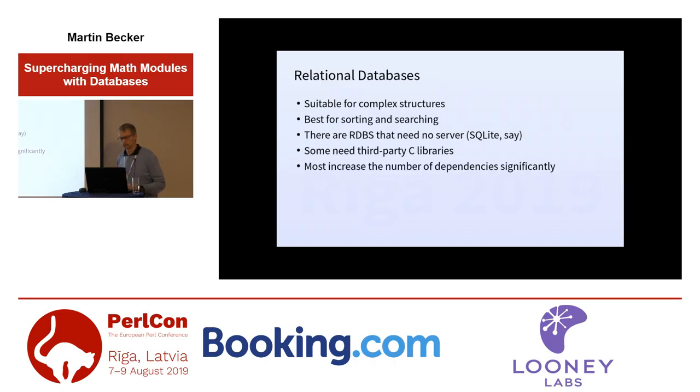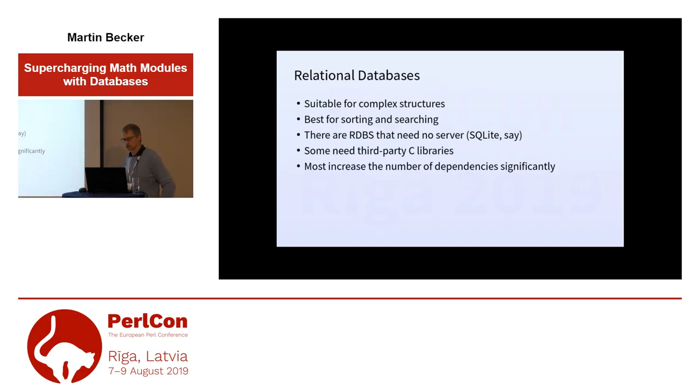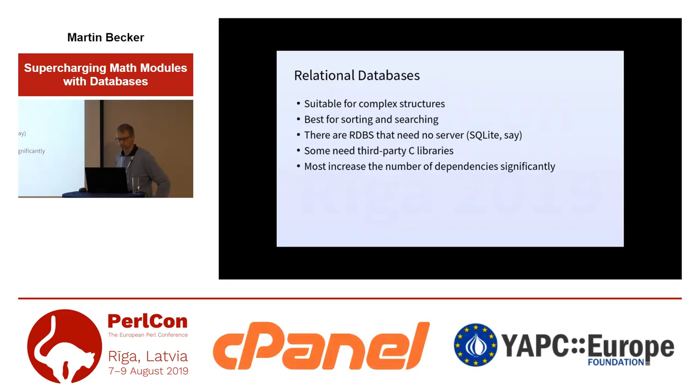So we can do much more than this. We could have many relations in a database, but of course we need a suitable database. And luckily there are solutions that, for example, don't need a separate server, don't need much more than a C library that can come packaged with a Perl module. Though you have to be aware that this puts a little strain on your dependencies.